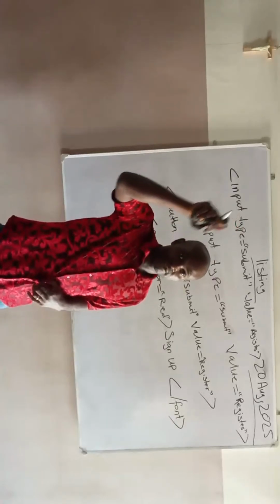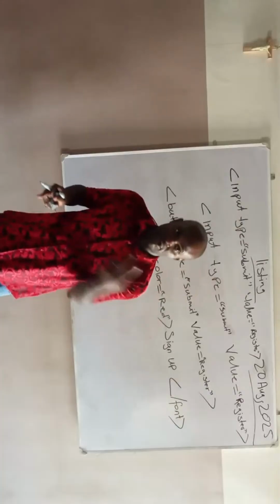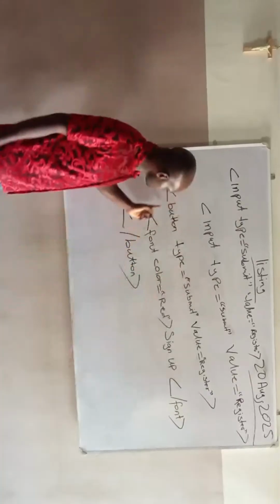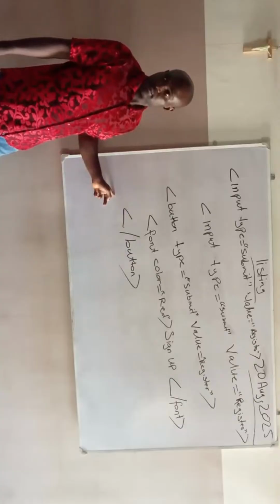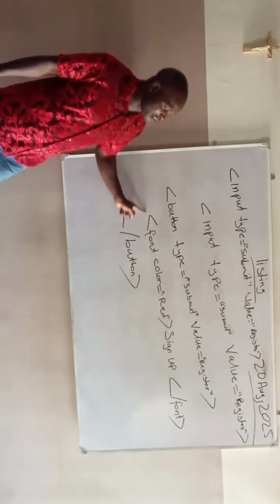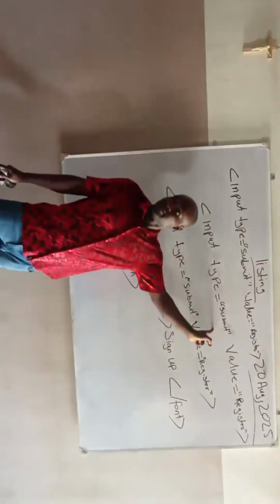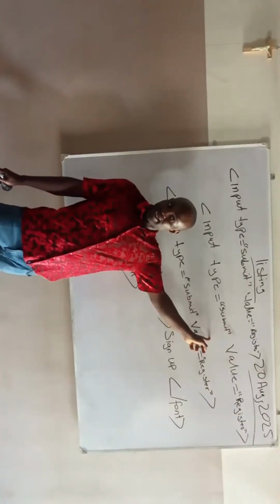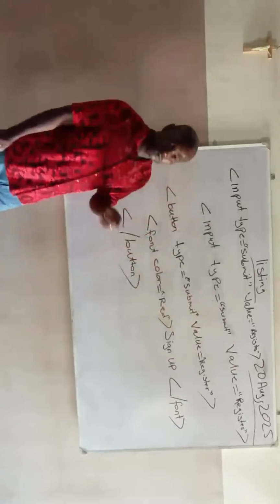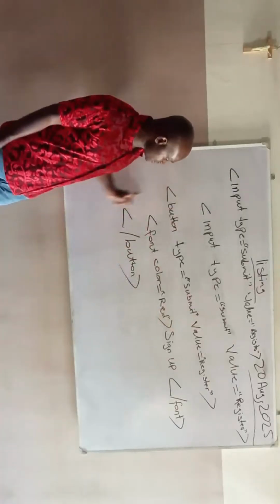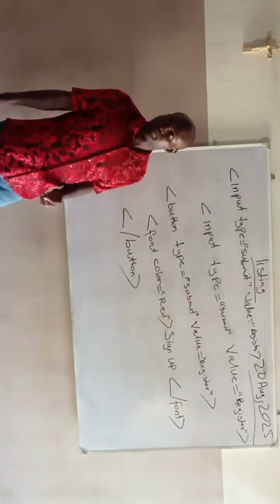You understand? In these two scenarios, or in any other one, that is where you now use this. This particular one can accept other elements, but this one cannot accept other elements. I want you to get your form and try this and see the difference.